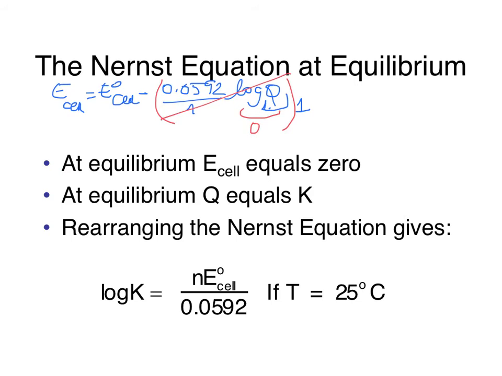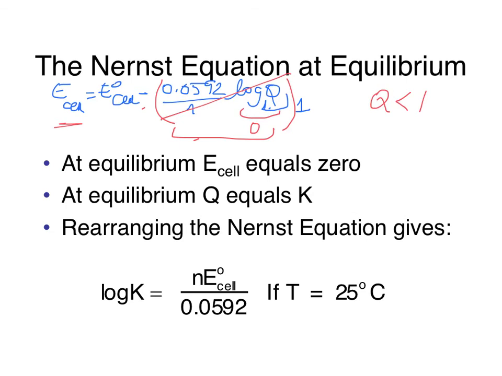On the other hand, when a redox reaction within a voltaic cell occurs in conditions such that Q is less than 1, that means a greater concentration of reactants relative to the products. That will drive the reaction to the right-hand side, and E cell in that case is going to be more than E naught cell, because this whole term will turn out to be a negative number. So negative times negative will be a positive value.